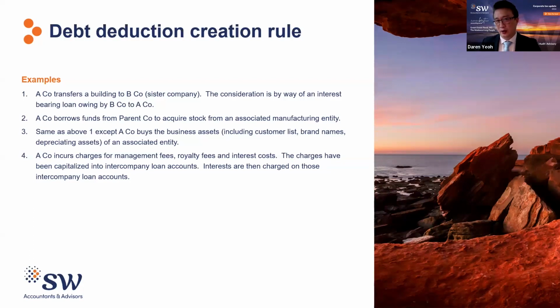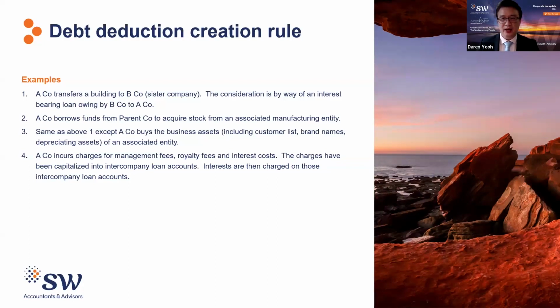If it's a loan, then the tax authority is open to deem interest to be paid on that deemed loan. And why would they do that? One, they can deny you the deduction for that interest under the debt deduction creation rule, and then levy withholding tax on that interest. So just be aware of that trap.